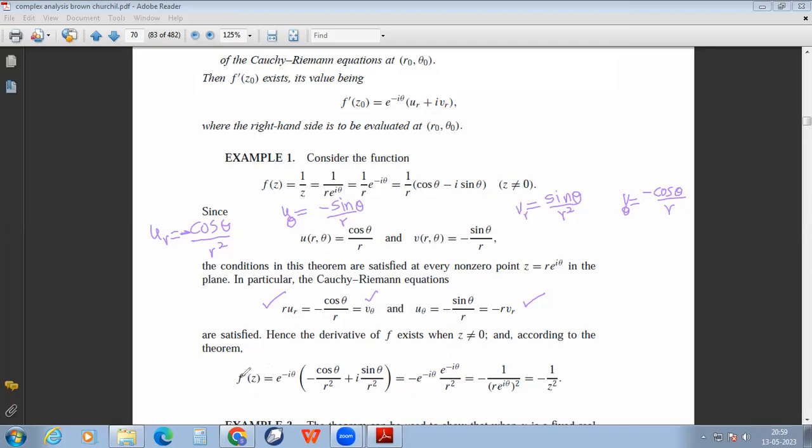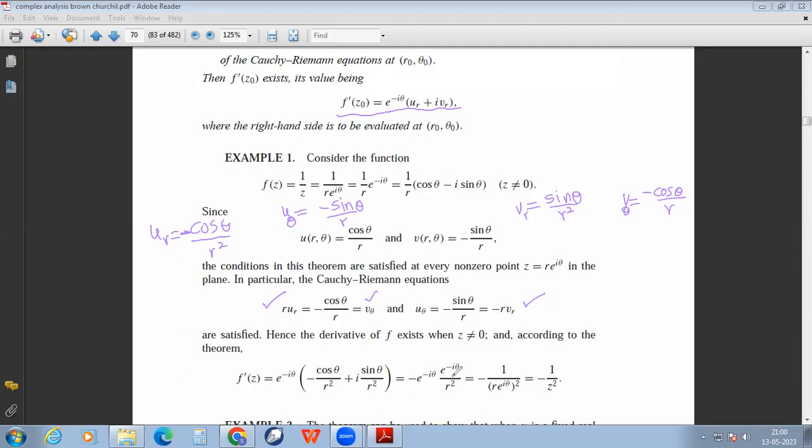So f dash z exists. And what is f dash of z? According to that formula, you can watch here. What is the formula? e raised to minus i theta times u_r plus i v_r. So you have e raised to minus i theta times this thing. And ultimately, whenever you compute this, 1 by r square is there. There was a minus sign, e raised to minus i theta, and this is again e raised to minus i theta.